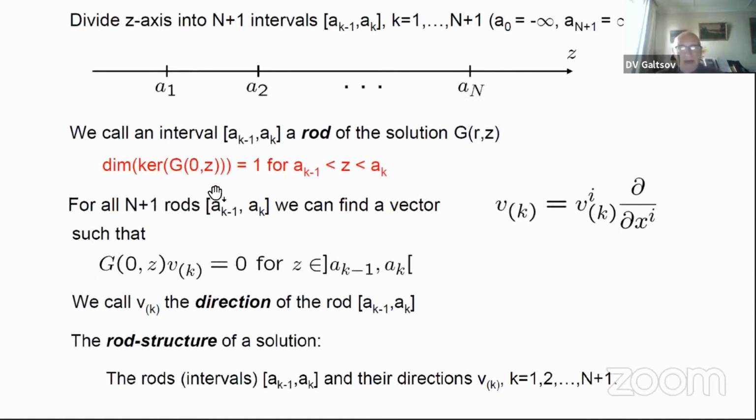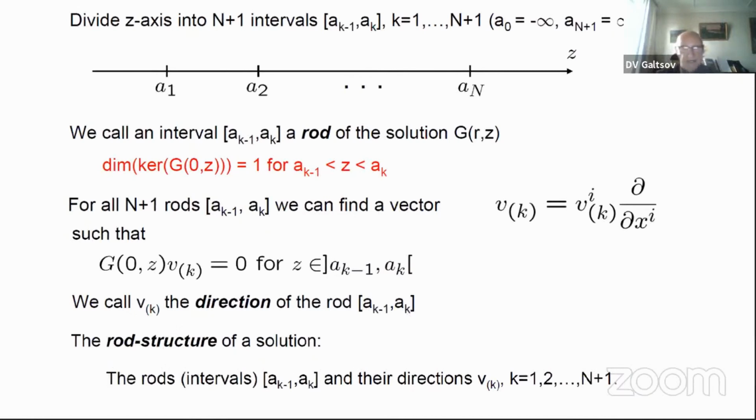The eigenvectors will be called directions of the rods. So it is a direction, which is nothing but some vector in the two-dimensional space of t and phi, with components along t and phi.